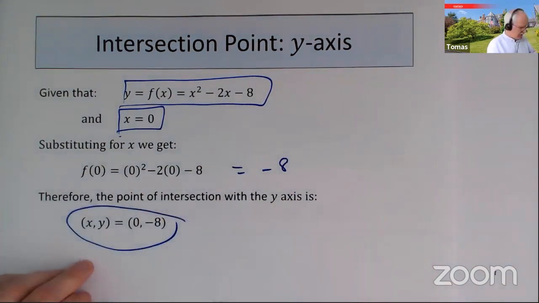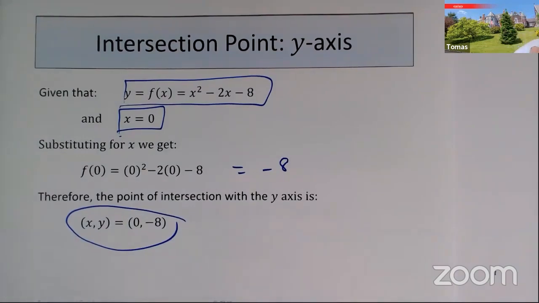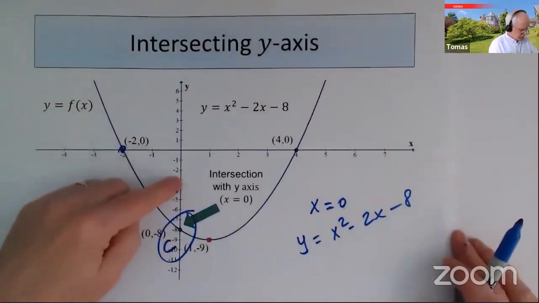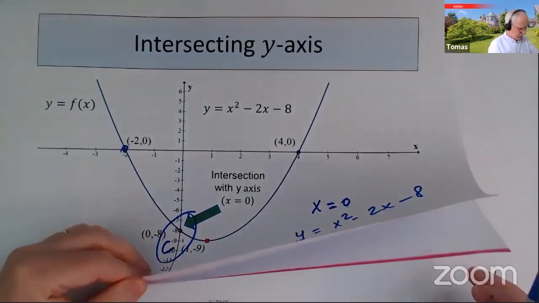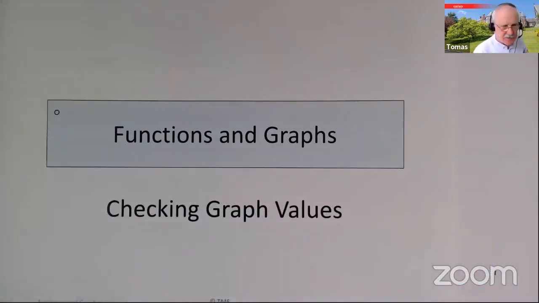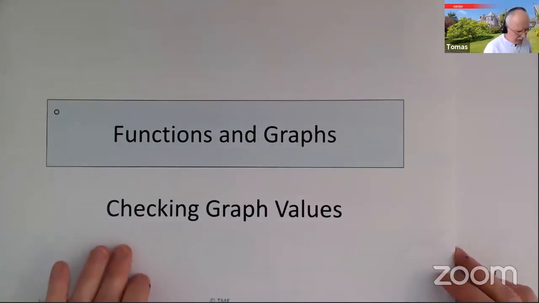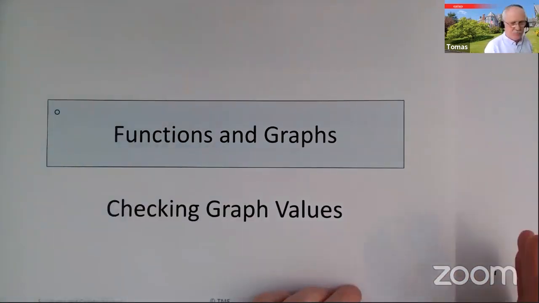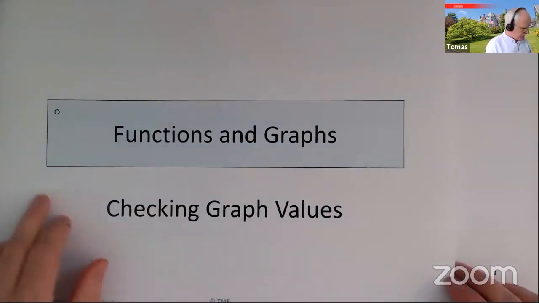So (x, y) is (0, minus 8). And that's pretty well where it ends up. (0, minus 8) is the intersection point. And that's that. So the question is now, you say to yourself, can I plot points? Yeah. Can I find the intersection of the x and the y axis? Yep, fine. Let's do something else.